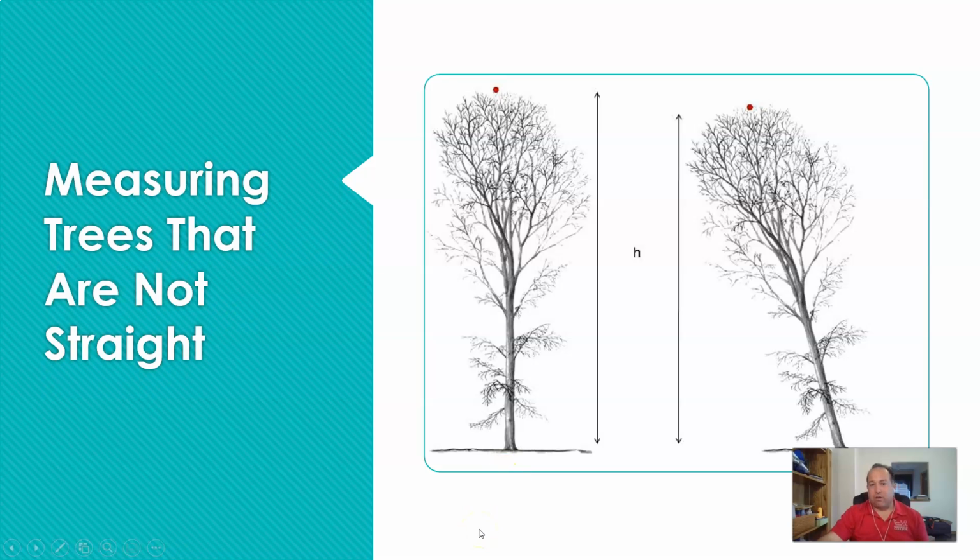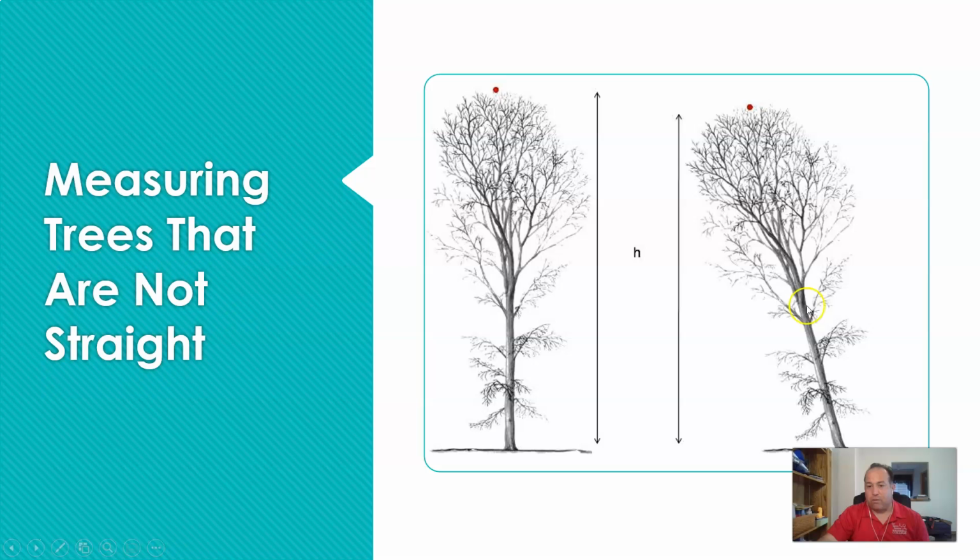What about trees that aren't straight or have a little bit of a lean to them? So here's a couple good examples of a tree that's decently straight with a little bit of a decurrent growth form. I'm going to take that main leader up, find a good spot in this little red dot. That's probably where I'll shoot tree height. Whereas this one, I've got this lean to it. Well, I want to go with the lean, just like in DBH.